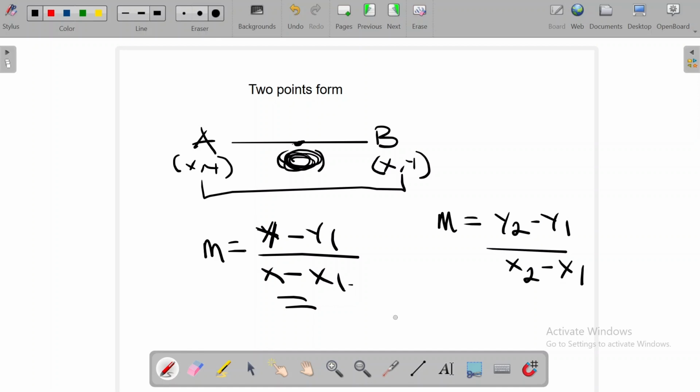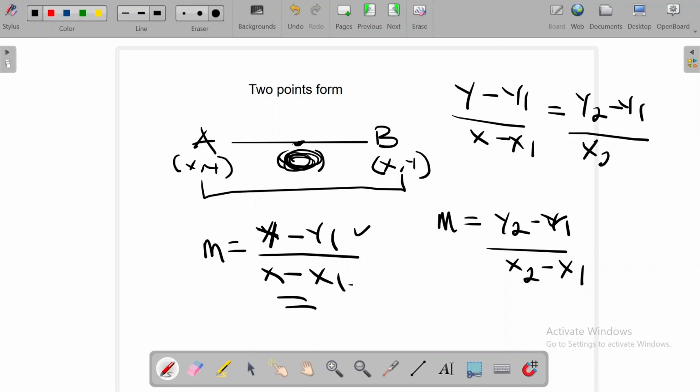So in this case, I can equate these to give me (y minus y1) over (x minus x1) is equal to (y2 minus y1) over (x2 minus x1). This is considered the two-point form.